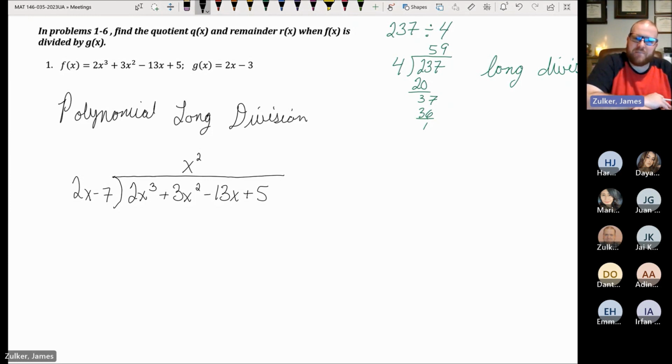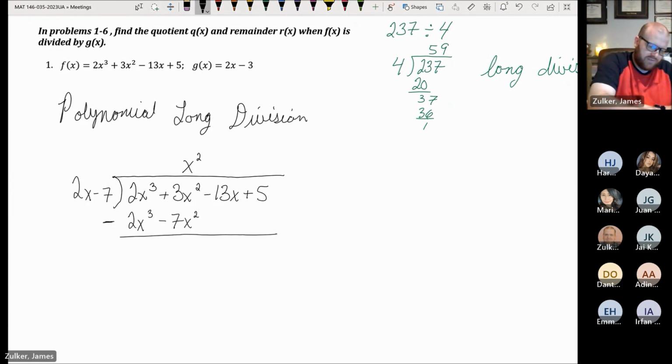Now multiply 2x minus 7 by x squared. And we subtract. Right now we're left with 10x squared minus 13x plus 5.